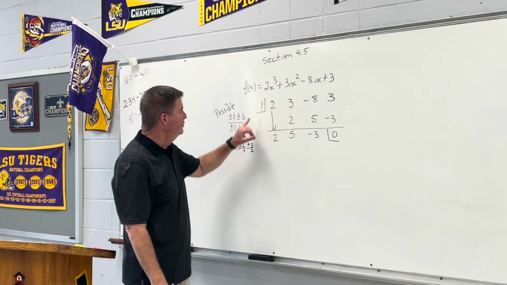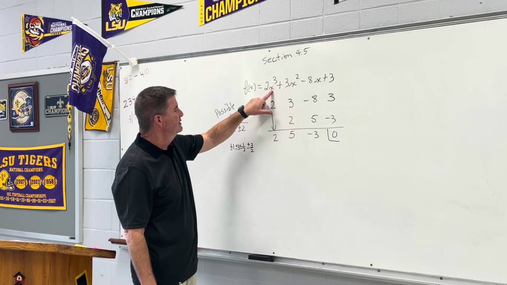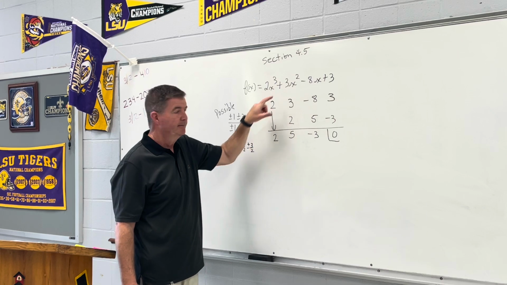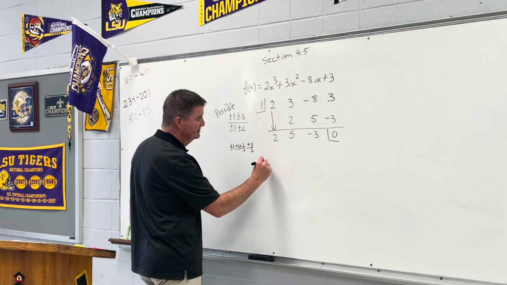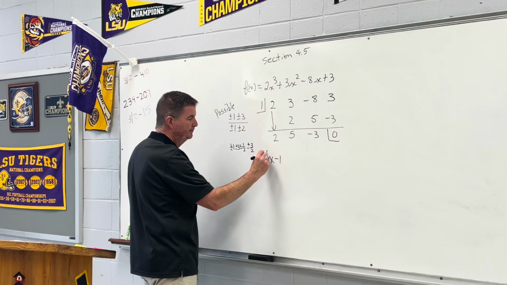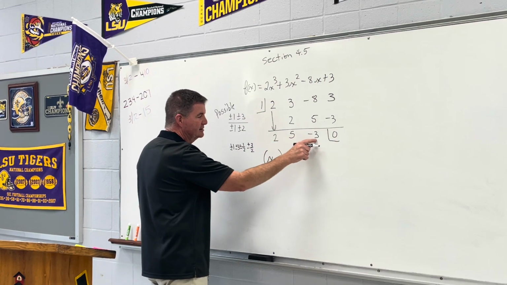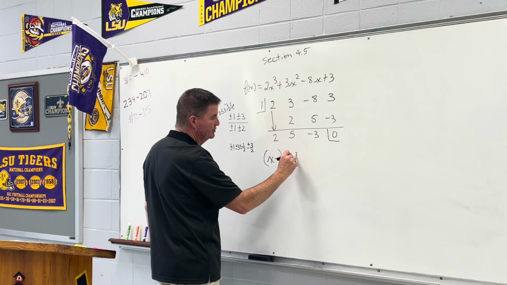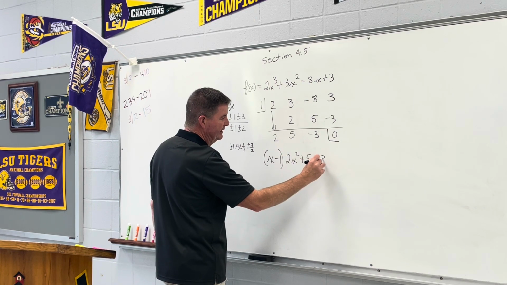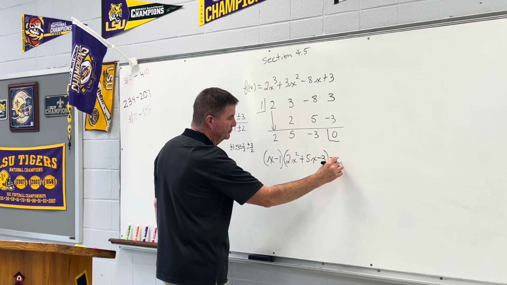Once I do, I now want to put it as, what do the factors look like having x's in it? This one, written as a binomial, will be x minus 1, the opposite. And this will be 2x squared plus 5x minus 3 equals 0.